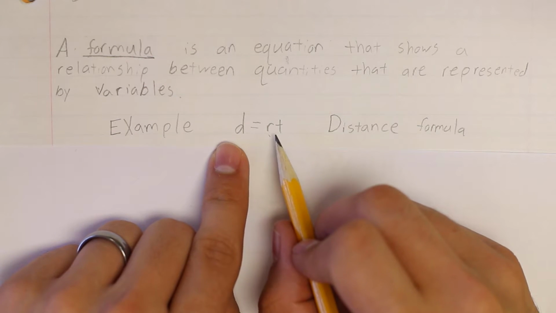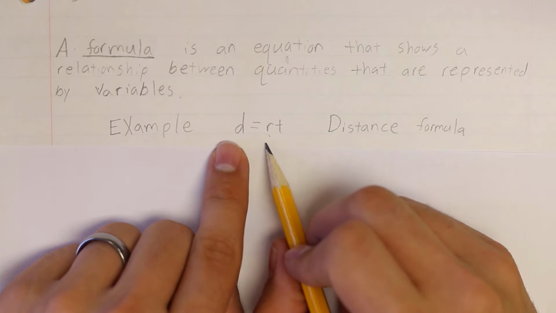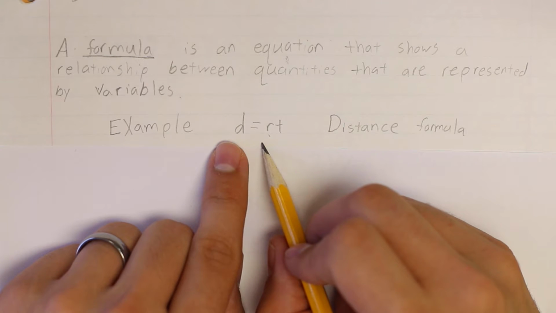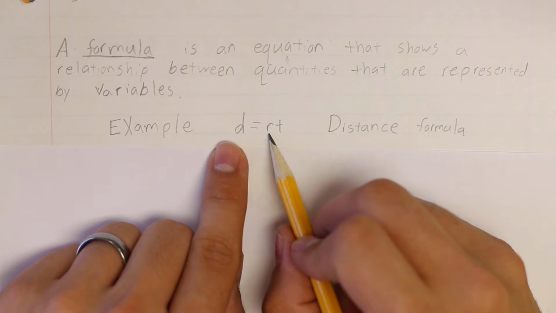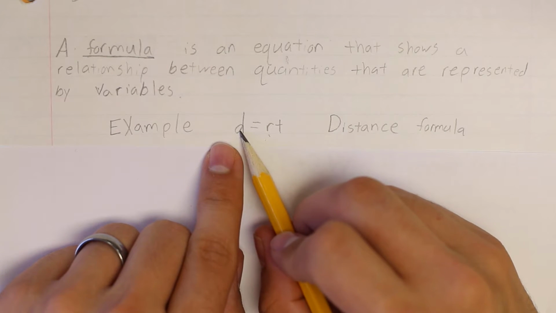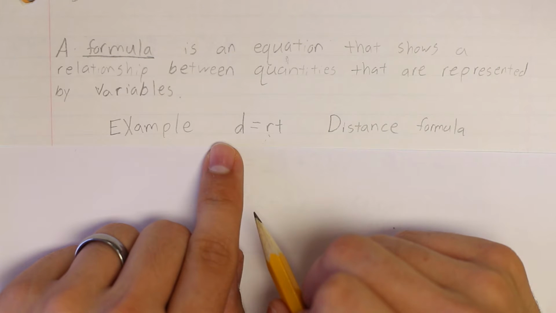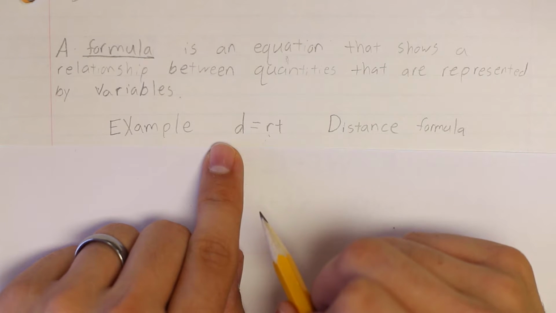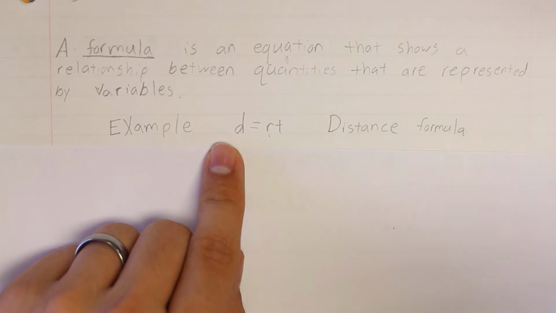So, for instance, if you're going on a trip and you want to know how far you've gone, look at your speed, look at how long you've been traveling, and that will tell you the distance you've traveled. I think you'll understand as we work some of these examples out more.